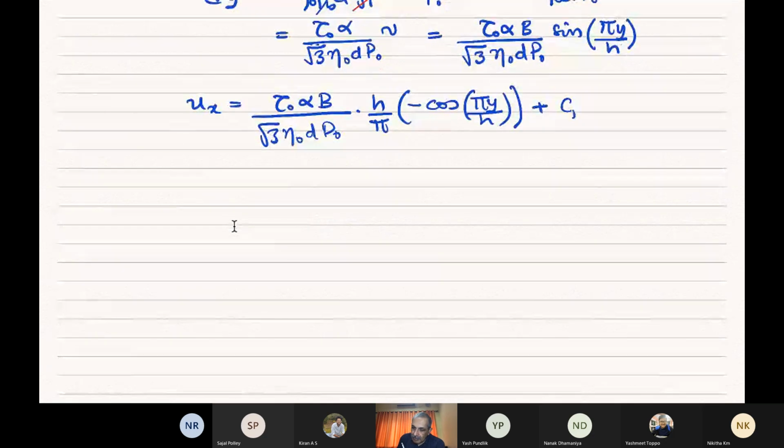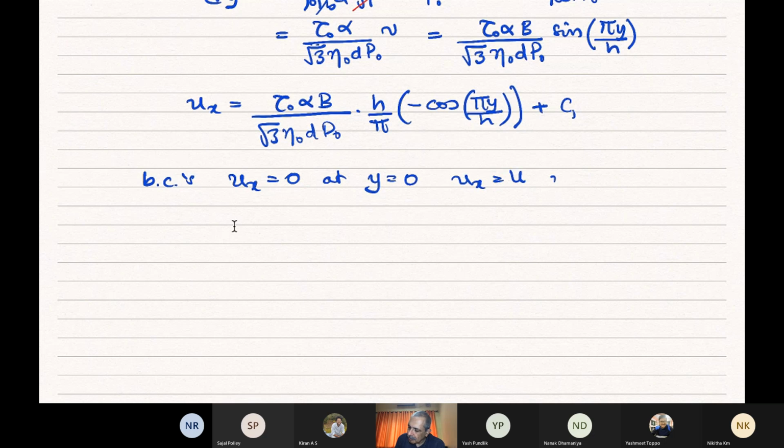Now we know we have two boundary conditions. The boundary conditions are that ux is equal to 0 at y equal to 0, and ux is equal to u at y equal to h.